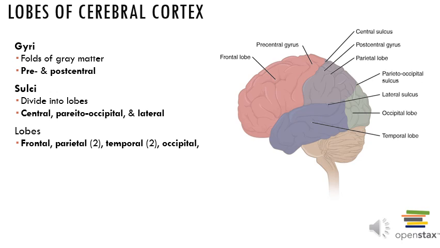We identified the lobes in laboratory: the frontal lobe, the parietal lobes, the temporal lobes, the occipital lobe, and these sulci dividing those lobes as follows: the central sulcus, separating the frontal lobe from the parietal lobe, the parieto-occipital sulcus, which separates the parietal lobes from the occipital lobe, and then finally the lateral sulcus, which separates the parietal lobes and frontal lobes from the temporal lobes.